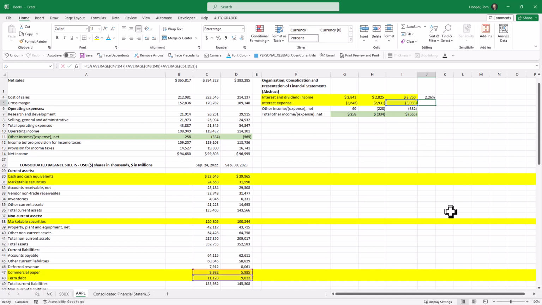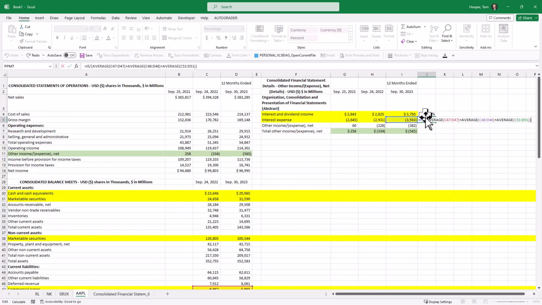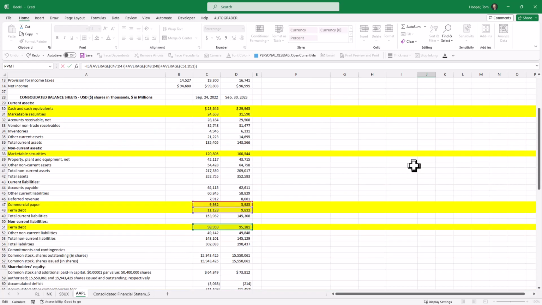And if we look at their cost of borrowing, their cost of borrowing is their interest expense divided by, inside parentheses, the average of 3 different items. Those items are their very short-term debt, the commercial paper, their term debt that's due within the next period under current liabilities, and their term debt that's due beyond the next period.